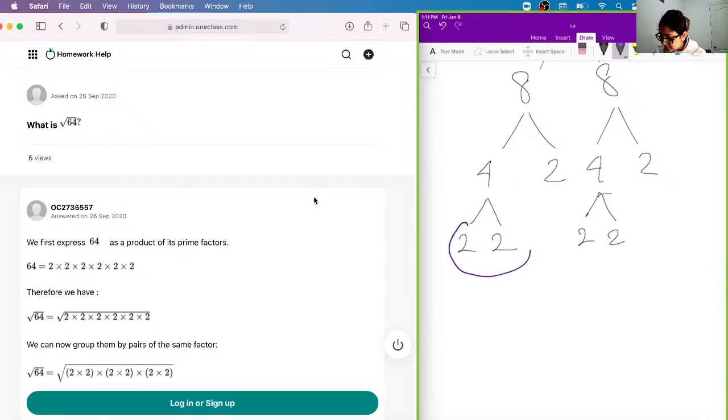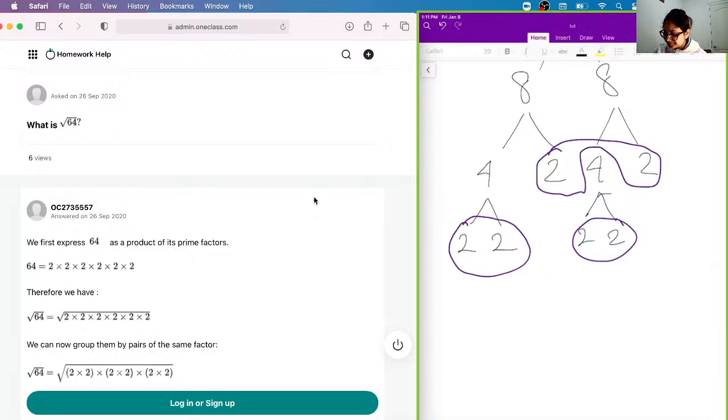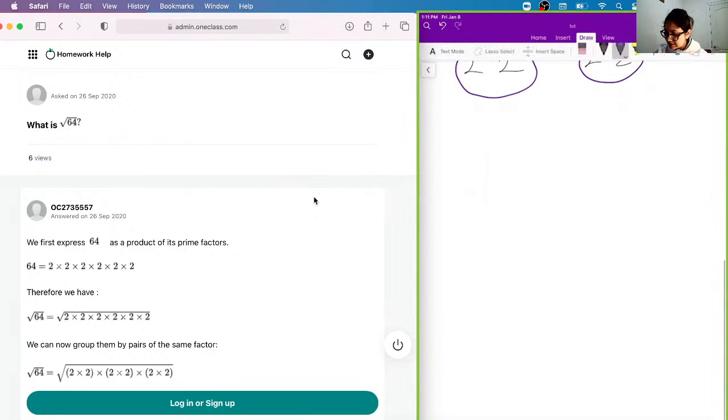We have one group of 2 here, a group of 2 here, and one group of 2 here. So in this case, we have 3 groups of 2. So we're going to express this under a square root.